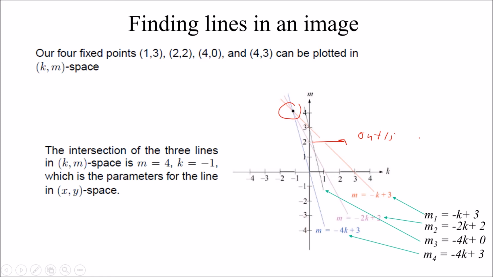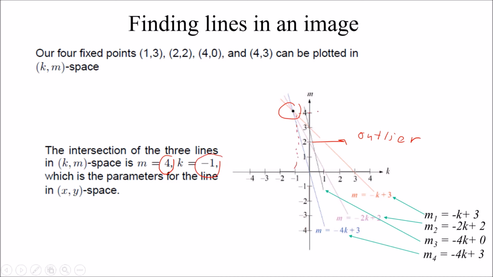Outlier means that it does not belong to the most of the dominant intersection points. So for this case, if we mark this area, the value for this intersection is m equal to 4 and k equal to negative 1. This is the approximate location.